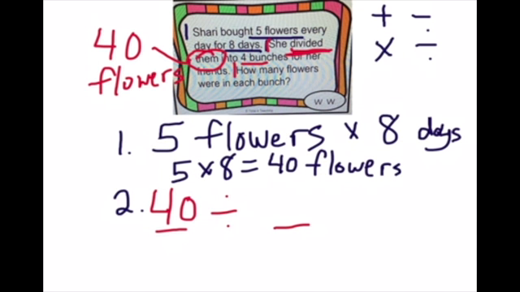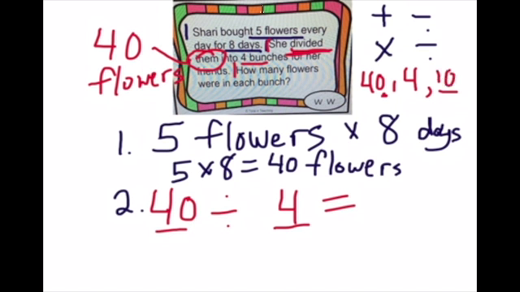40 divided by 4 equals, what would be a fact family I know that uses 40 and 4, and then there's one more number? Well, since this is a number that ends in a 0, I know 10 and 4. 10 times 4 is 40. So if I know that, I know 40 divided by 4 is 10.